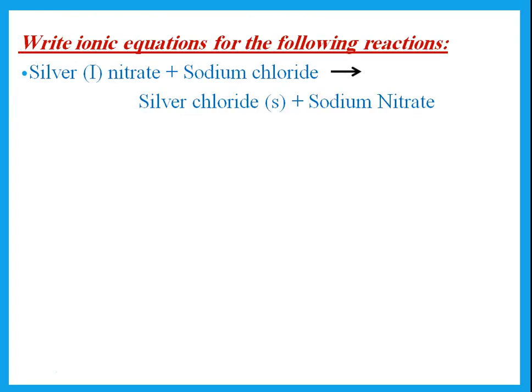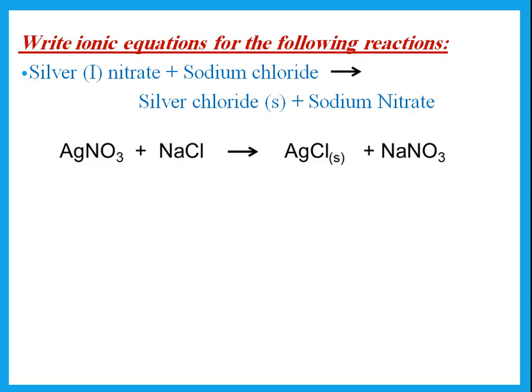Let's try this. So we're supposed to write the ionic equation for this reaction. So we write a normal balanced equation for all of it. Silver nitrate plus sodium chloride to give silver chloride plus sodium nitrate. And you should realize that silver nitrate is aqueous because it is a nitrate, and we said all nitrates are soluble.